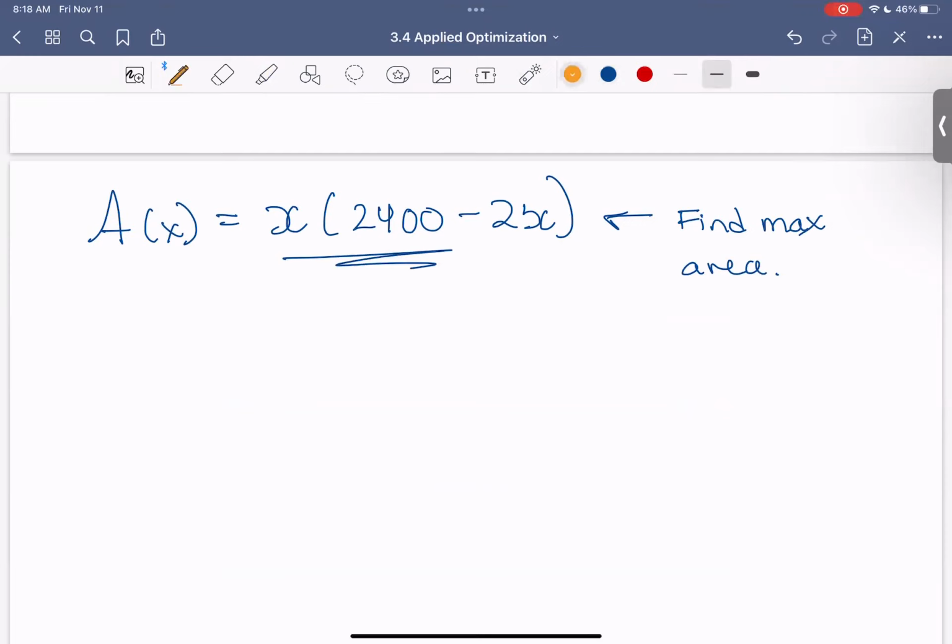So to find a maximum, we first need to find the critical values. So let's recall how to do that: we need to compute the derivative.